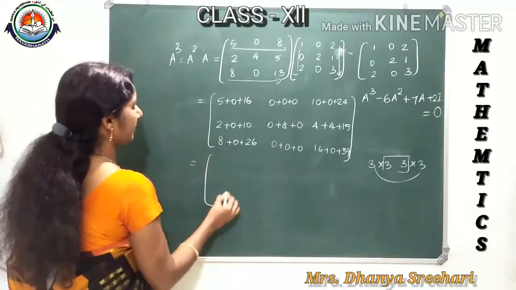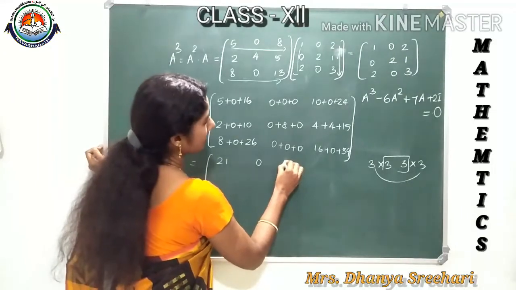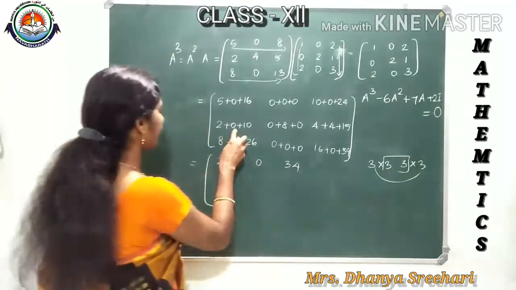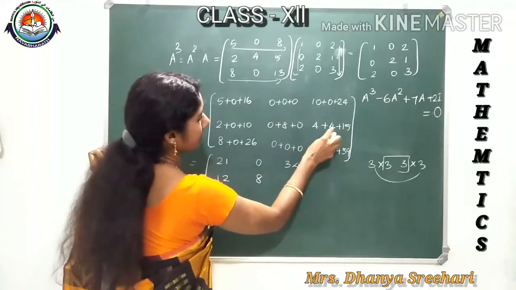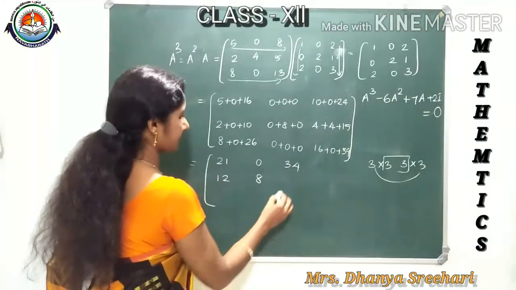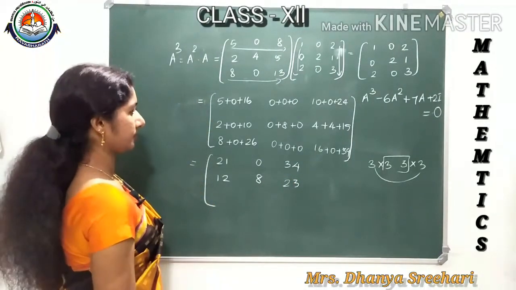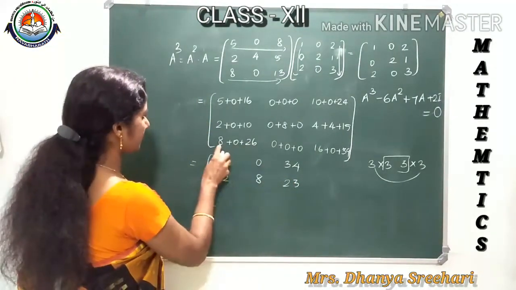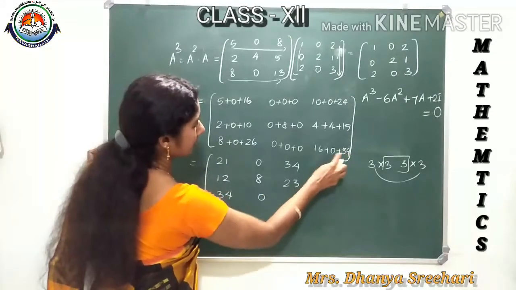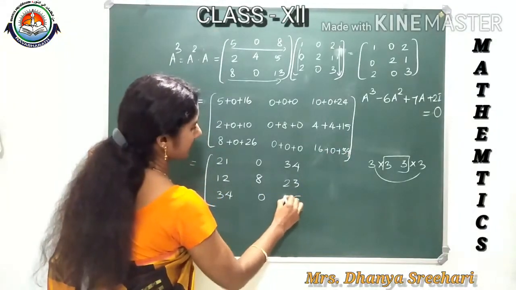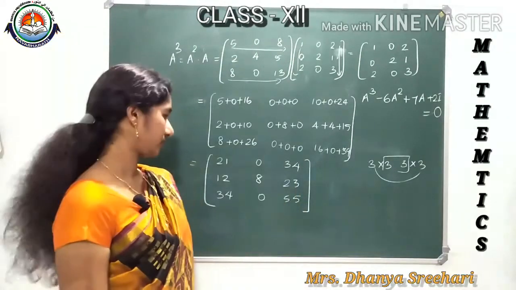We can find the final answer, 21 0 34, and this is 12 8 40, 15 plus 8 is 23. Then next 26 plus 8 is 34, 0, 55, 39 plus 16.